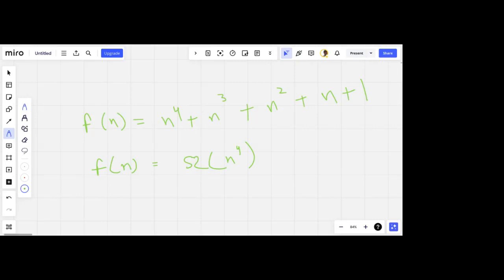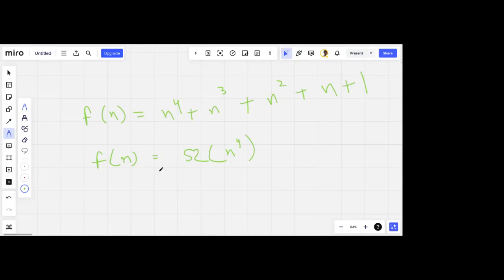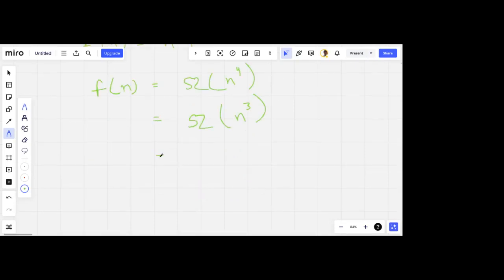Yeah, you can. See, it is omega of n to the power 4. Can I say f of n is equal to omega of n to the power 3? I can say this also. Can I say it is equal to omega of n square? I can say this also. And can I say it is omega of n? I can say this also.